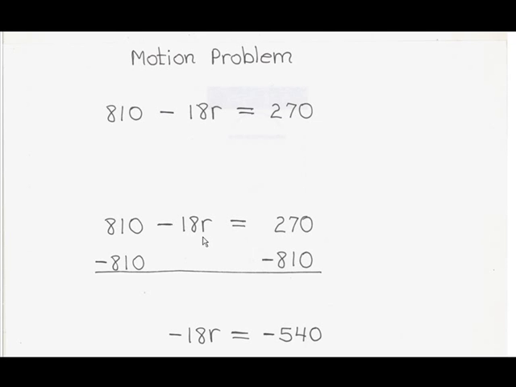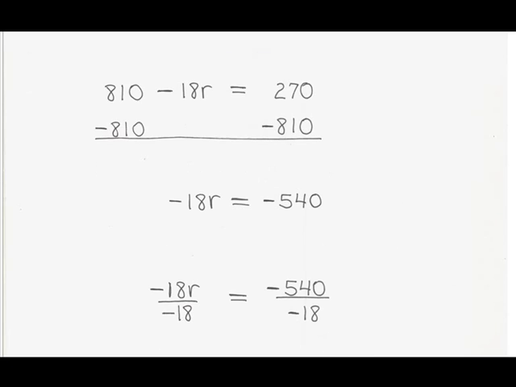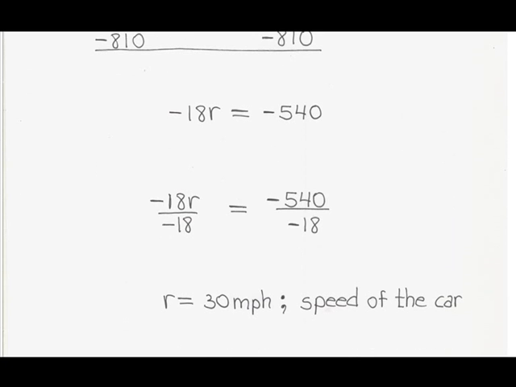So on the left side, I'm left with negative 18 times r equals, now, after taking the difference between 270 and negative 810, we end up with negative 540.